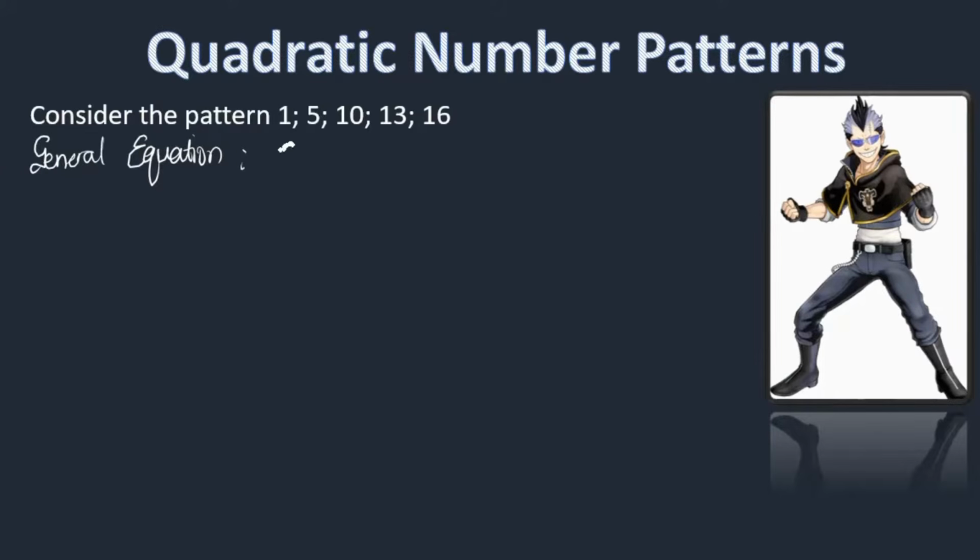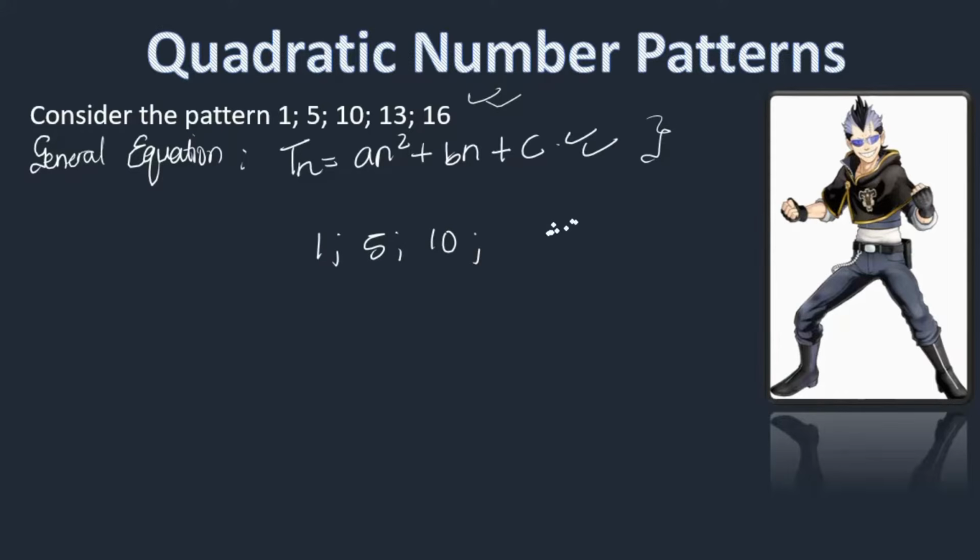You find the general equation by saying Tn is equal to an squared plus bn plus c. There we go. This is the general equation. You use this throughout to find Tn, the general term or the nth term of this sequence that you see. Now let me write the sequence down. This is 1, 5, 10, and 16.